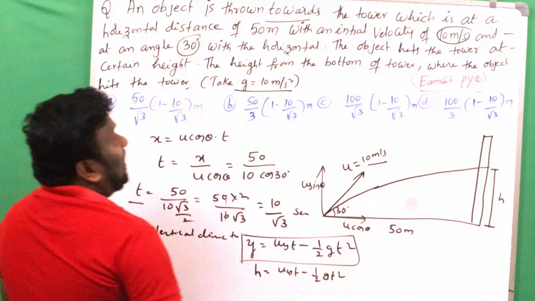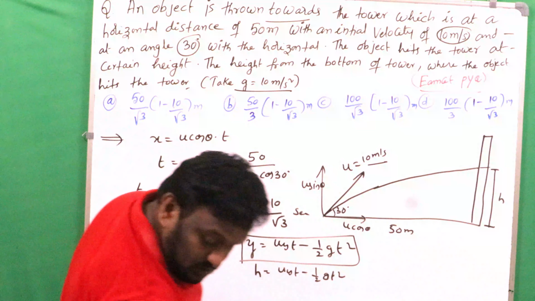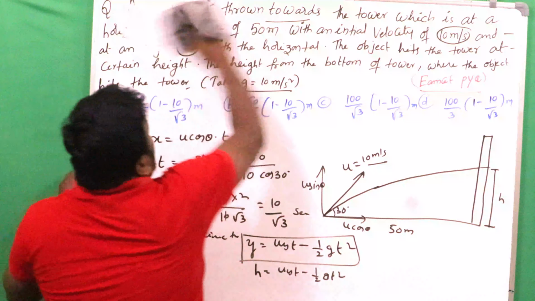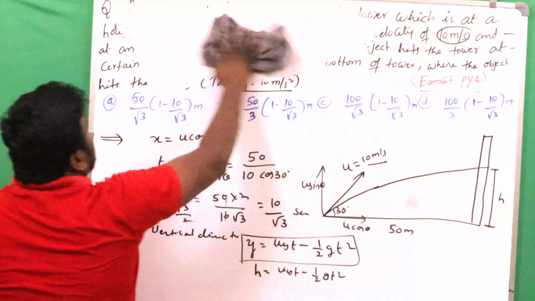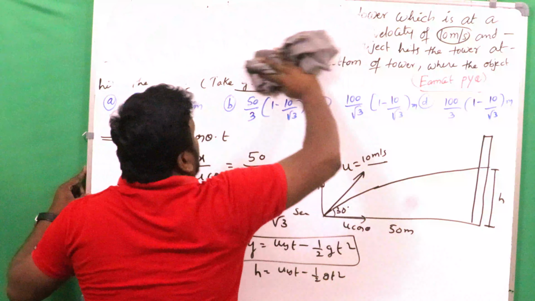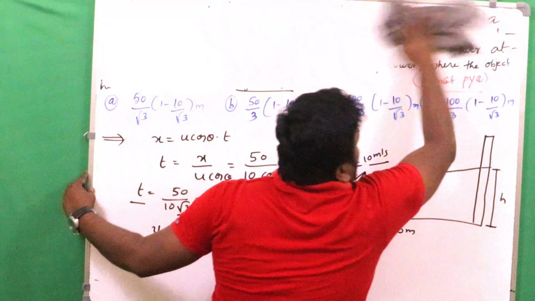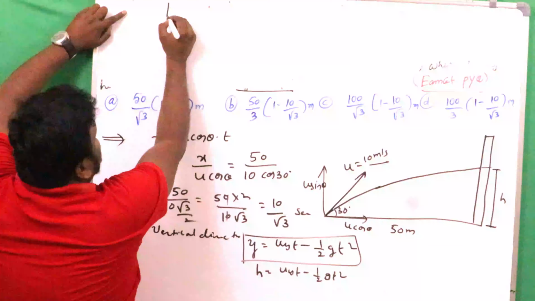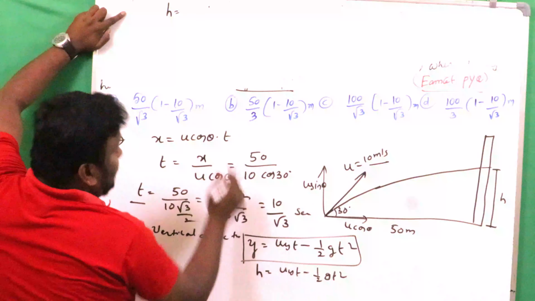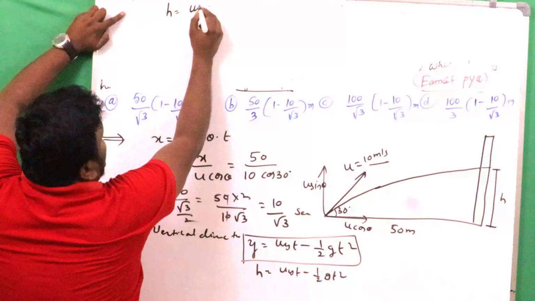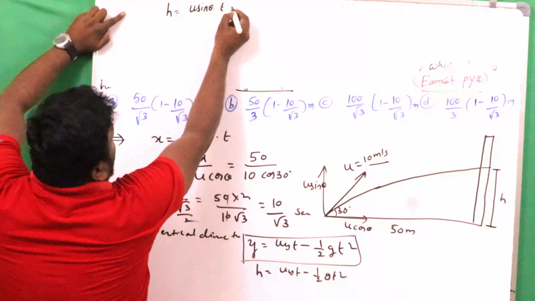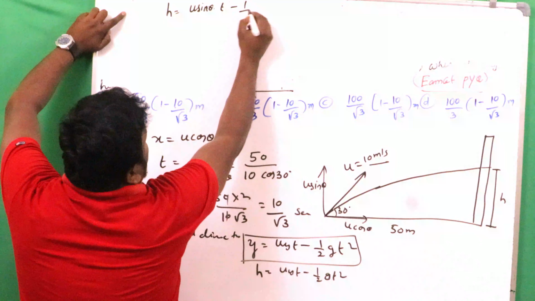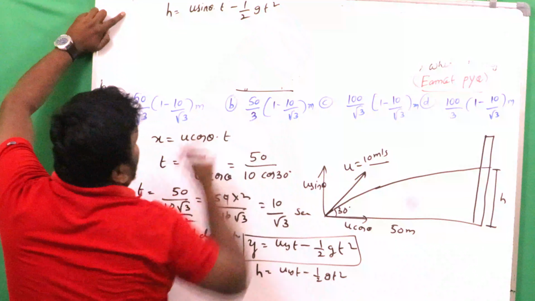Now we have to substitute the values. Look here, h is equals to u_y, which means u sin theta, into t minus half g t square.